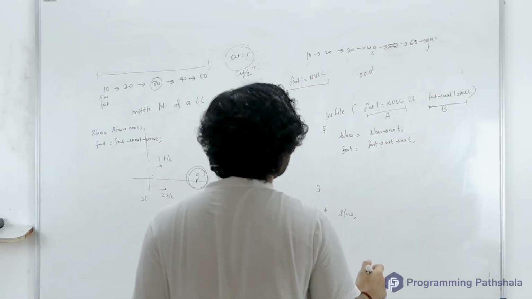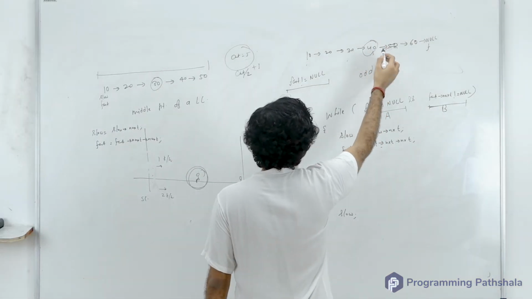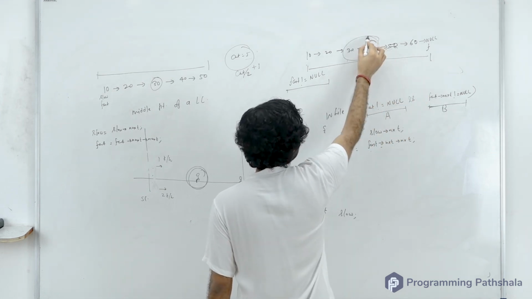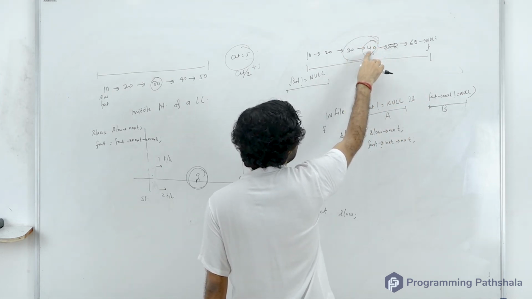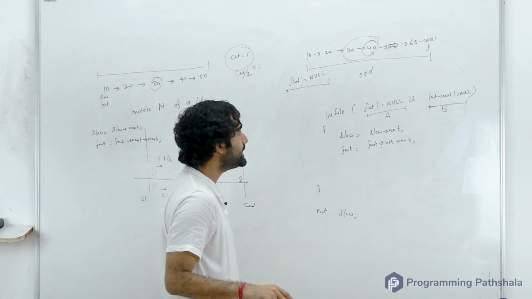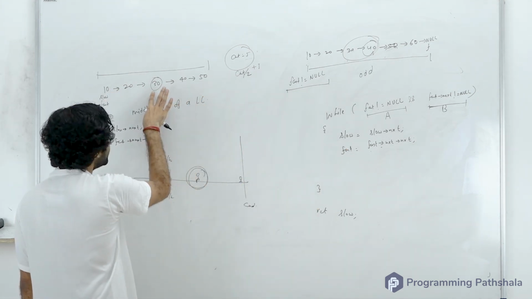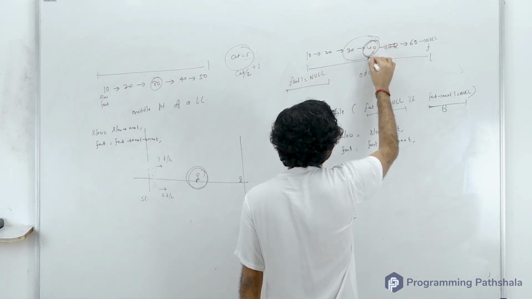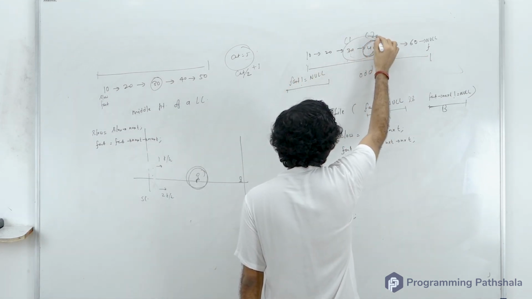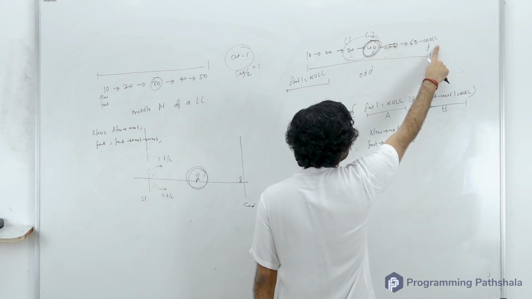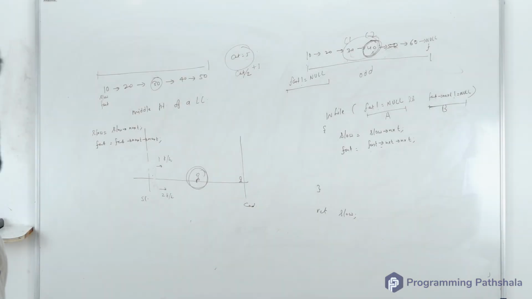So even here my answer is correct, because I told you before that in case of an even number of elements there are two centers, and whether you answer me this or this, I am perfectly okay with that. Now my code is customized in such a way that for an odd number of nodes it will always give me the actual center, and for an even number of nodes it will always give me the second center, because it is not terminating here, rather it is terminating here.